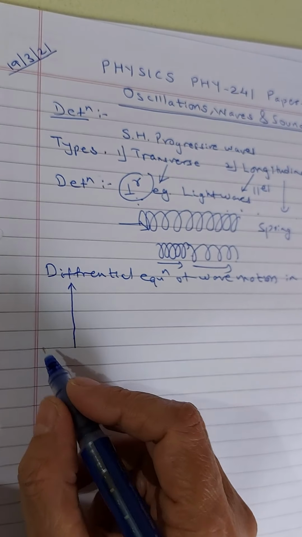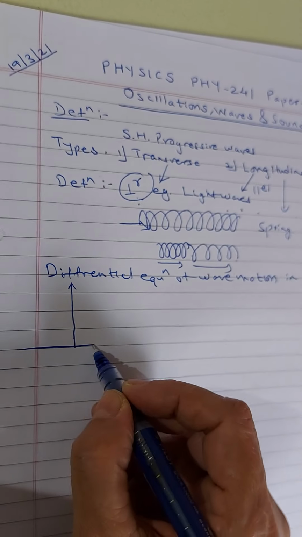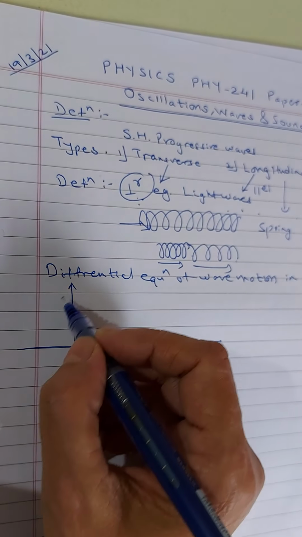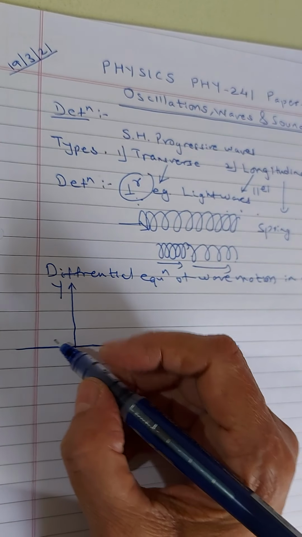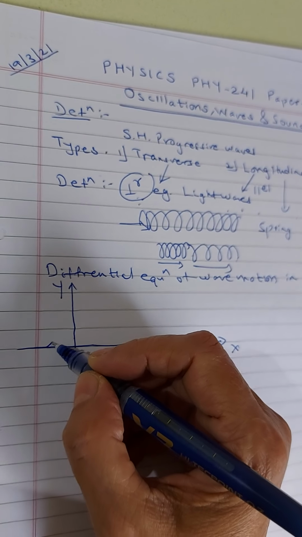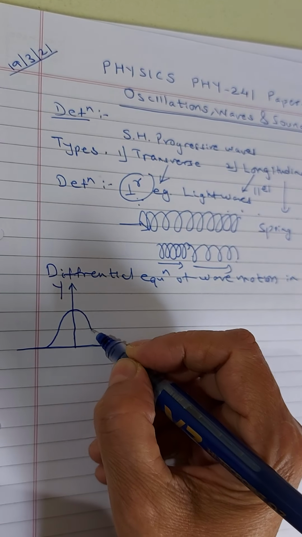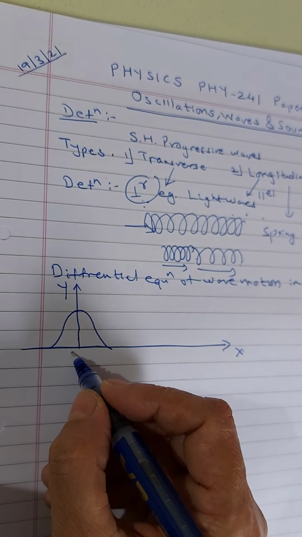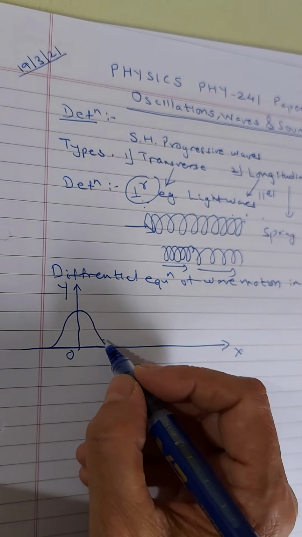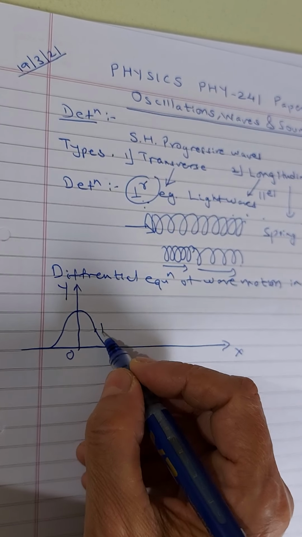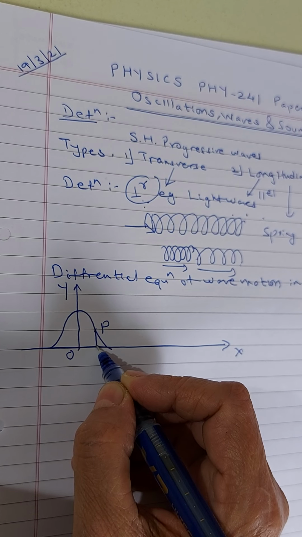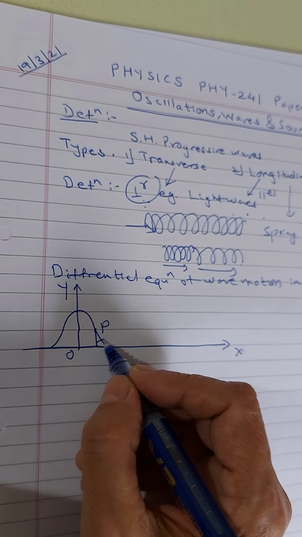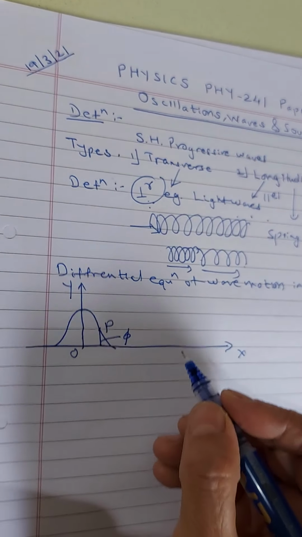I can show it over here that this is my y-axis, this is the x-axis, and I observe the wave like this, correct? So this is point O, and at this point P, I just draw a straight line, correct? And then say that this is my phi, correct?